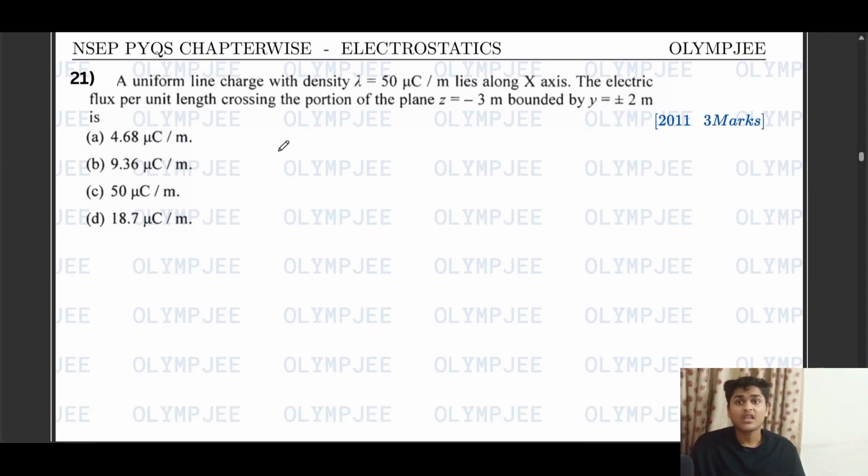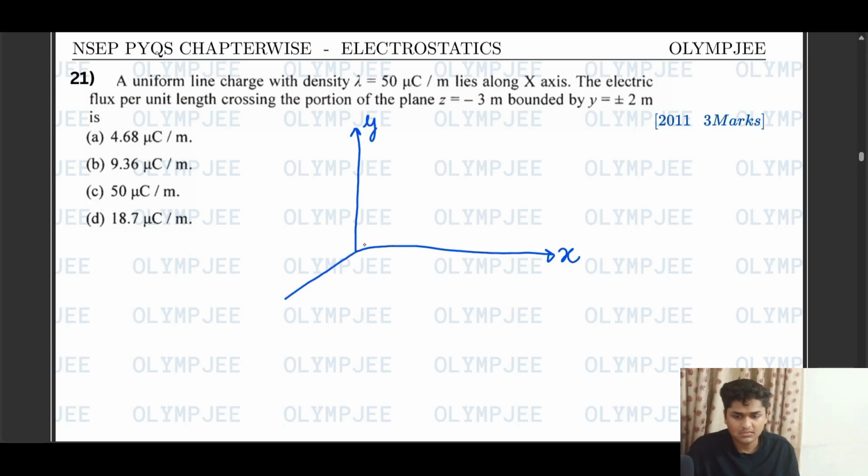Question 21 is a wrong question because none of the options are matching, but still we will solve it. And this kind of question was repeated in JEE Advanced 2015. The same question with different values. So let us solve this question. Let us assume that this is y-axis, this is x-axis.